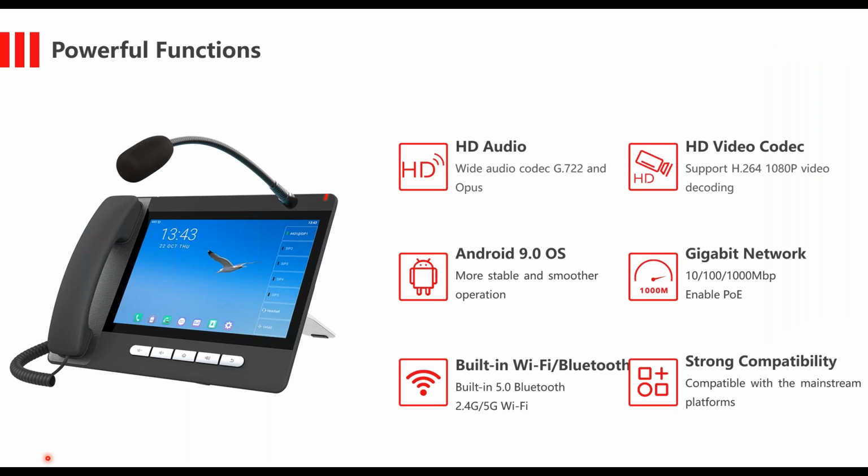Now let's go a little bit into the console phone center. This is a big part where a lot of people decide to use this. Why do we decide to look at this one? This is one of our new Linux-based phones. We have several different models, but in the case for this webinar, we're going to use this because this comes standard with a gooseneck, but the big add-on is that it comes standard with the Android 9.0 operating system.